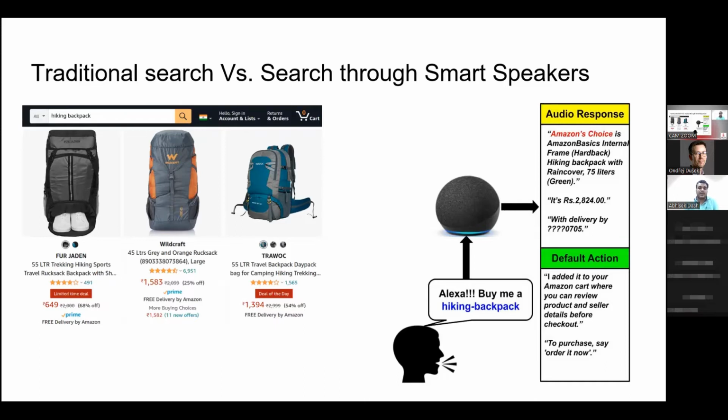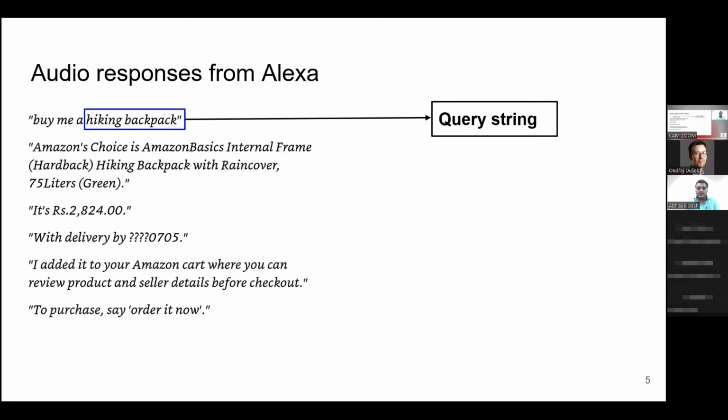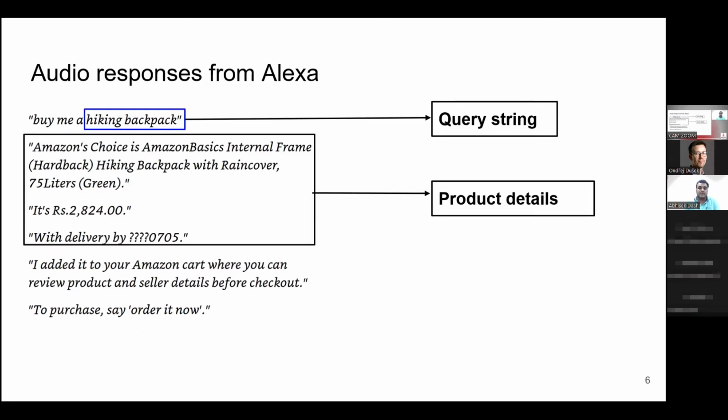The response that Alexa provides usually is something like this. We divide it into 2 primary parts, an audio response and a default action. Now let's take a look at it in a bit more depth. The highlighted box is the query string in your command. Then the next portion is the product detail that Alexa is essentially recommending to the customer.